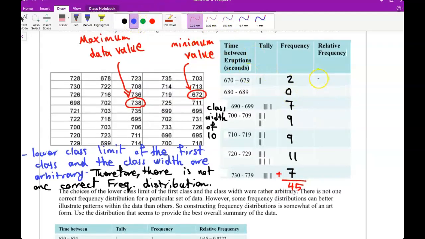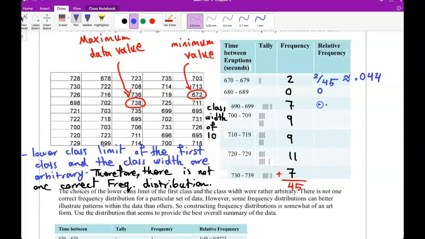Now here, find the relative frequency, dividing each one by the sum. So the sum is 45. Rounding that, here I have 0.044. So this one obviously is equal to 0. And I'm rounding all these.